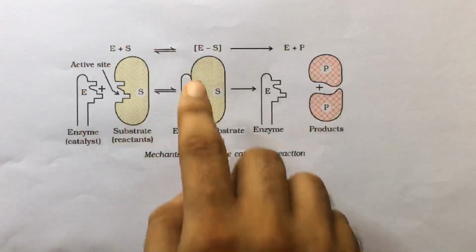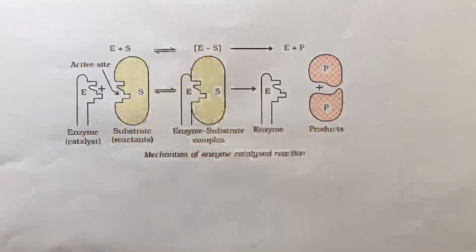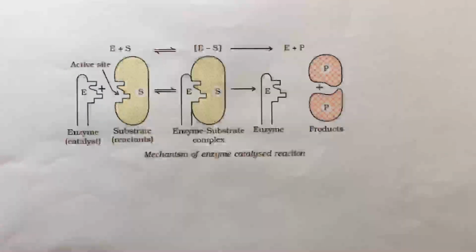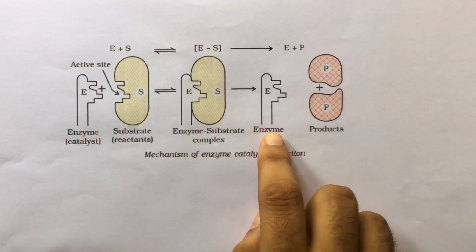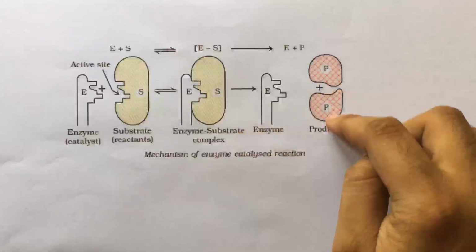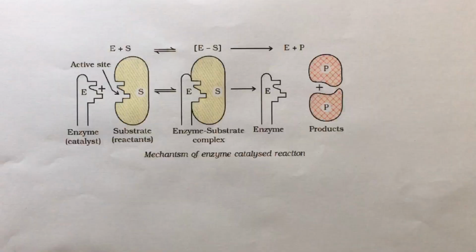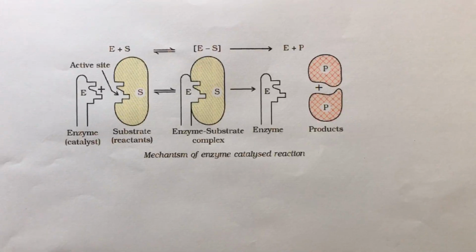Once it forms an enzyme substrate complex, it would decompose so as to regenerate the enzyme, and this would be broken so as to give you the products. I think this point is clear, students. So what do we call this? Mechanism of enzyme catalysis. Basically we call it a lock and key model.